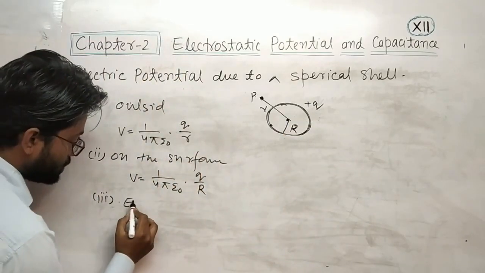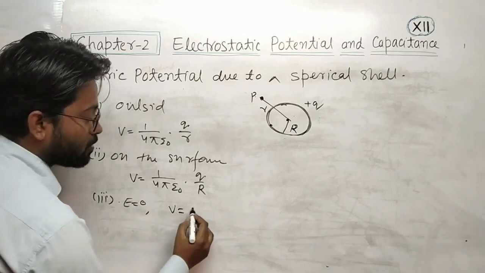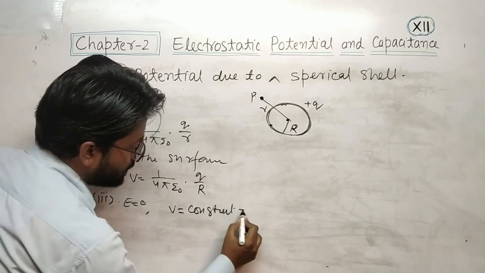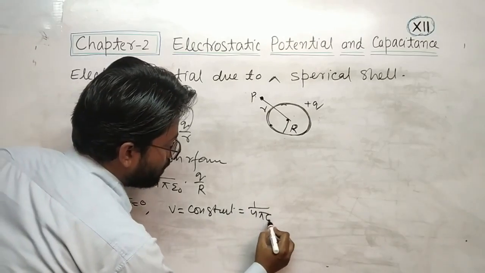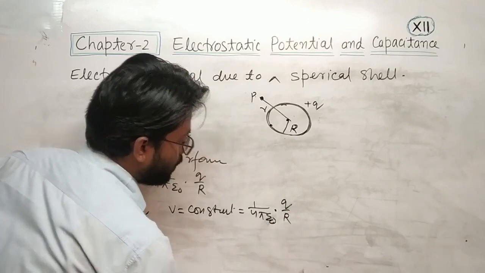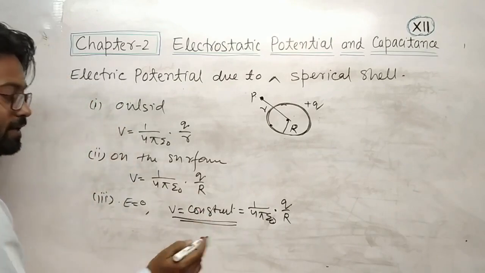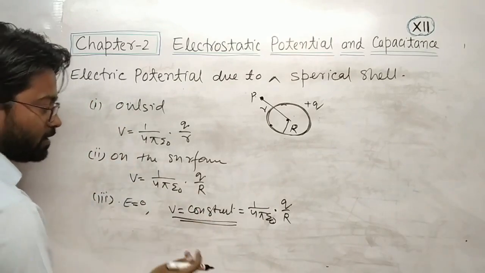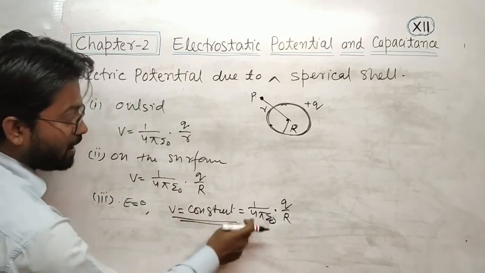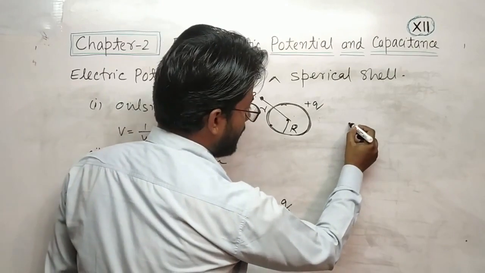Electric field is 0, that means potential will be constant, equal to 1 upon 4 pi epsilon naught q upon R. Why the potential is constant, we will discuss in the next topic.